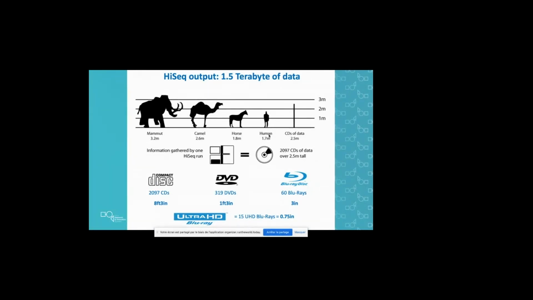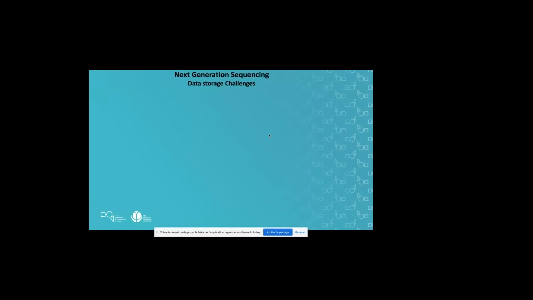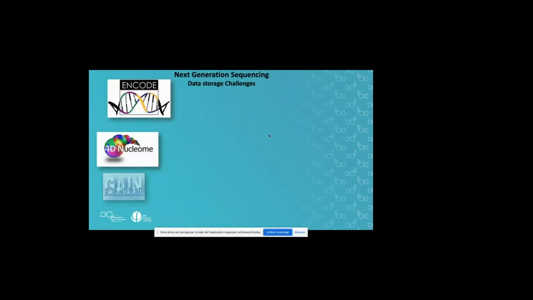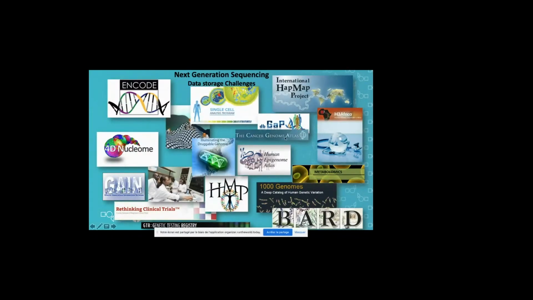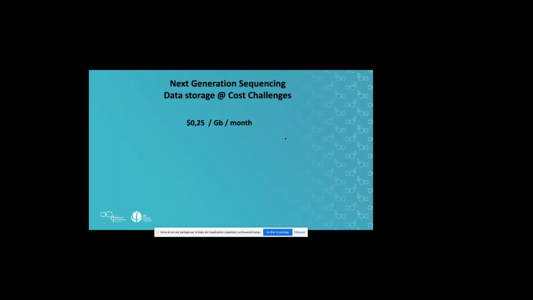And to overcome this problem of data storage, one of the alternatives is clouds, and nowadays many clouds are available to store biological and more precisely genomic data, as shown here. But keep in mind, there is nothing for free. You have to pay also. So the cost of storing data on the cloud is 25 centimes per gigabyte per month.